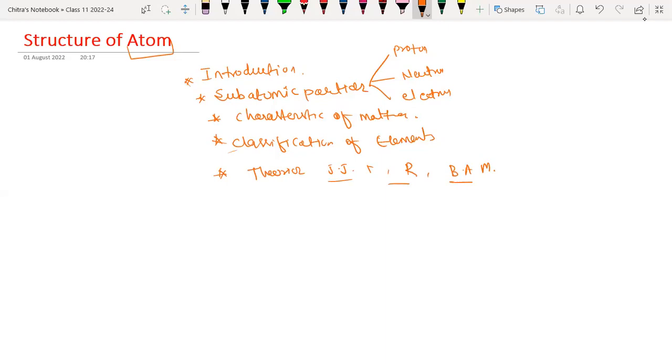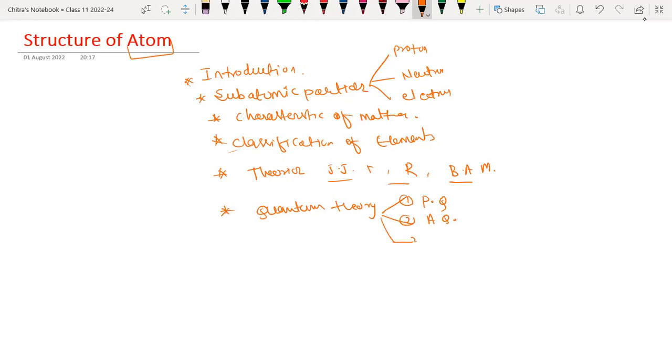Then we will understand quantum mechanics, quantum theory. Here we will discuss four quantum numbers. Number one, the principal quantum number. Second, the azimuthal quantum number.